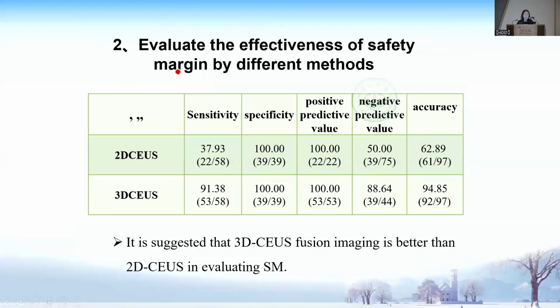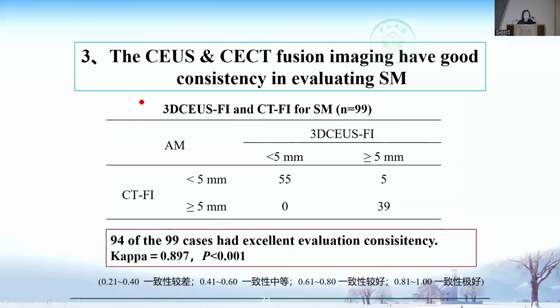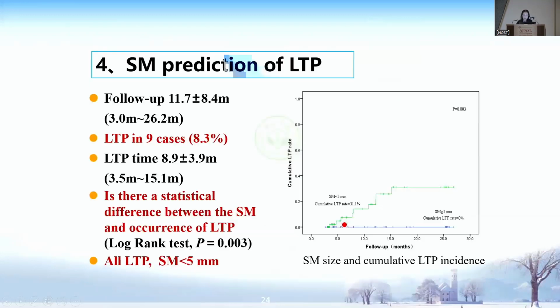Second, we evaluated the effectiveness of the safety margin assessment by different methods. It means 3D contrast ultrasound has more sensitivity, specificity and accuracy than the 2D CEUS. And also we can see that contrast ultrasound and contrast CT fusion have a high consistency in evaluating the safety margin.